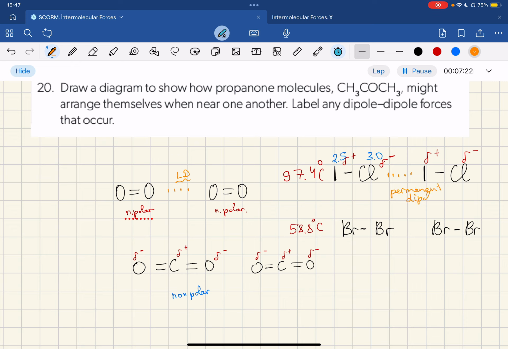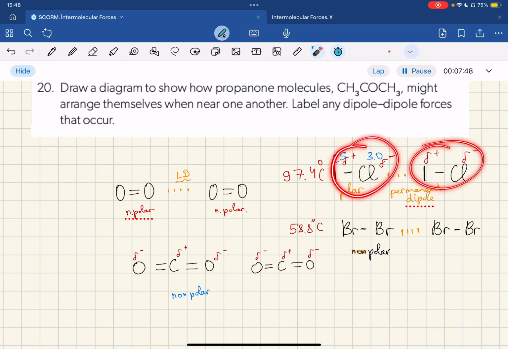So this is called dipole-dipole interaction. But bromine molecules are non-polar, so we cannot have dipole-dipole interaction between two bromines. In general, remember, all molecules have London dispersion forces, but ICl, because of its polarity, has permanent dipole-dipole interactions too, which increases the boiling point.